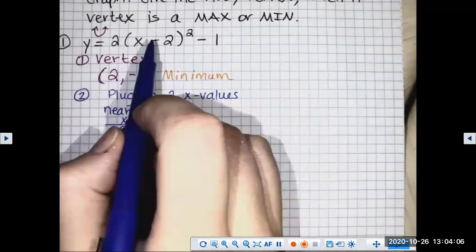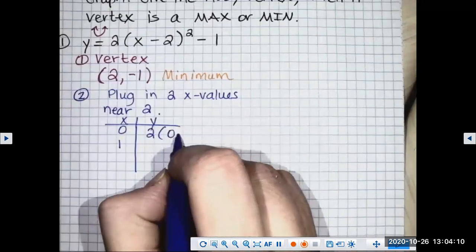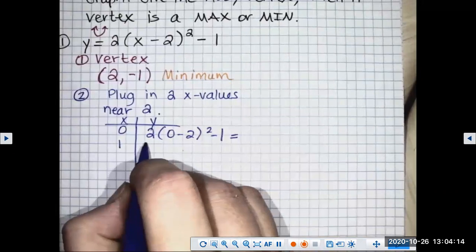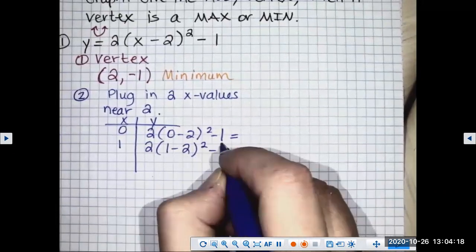All right, you have to plug it into your original. So I'm going to plug. You have to be really careful here. I see students mess up a lot on the order of operations.